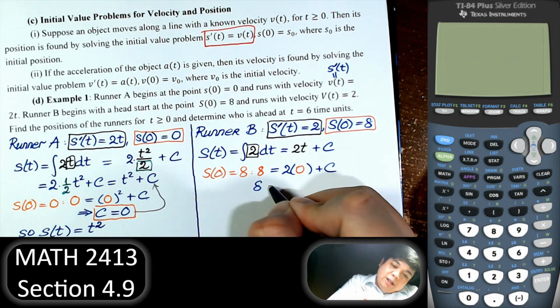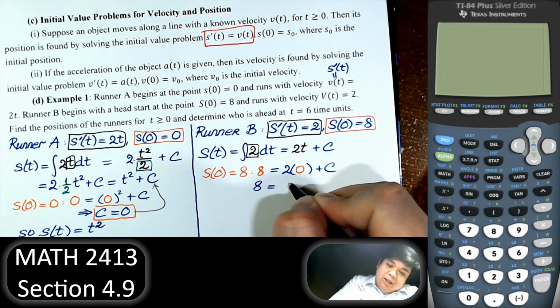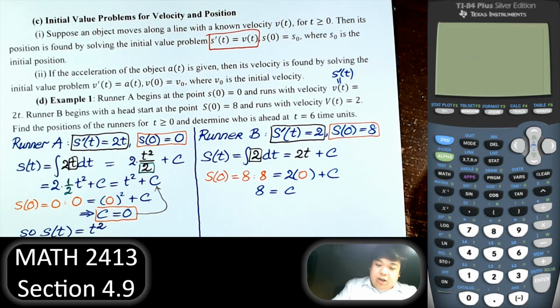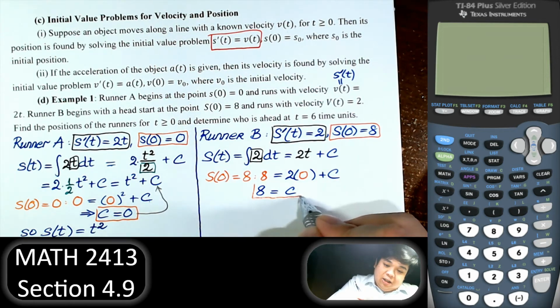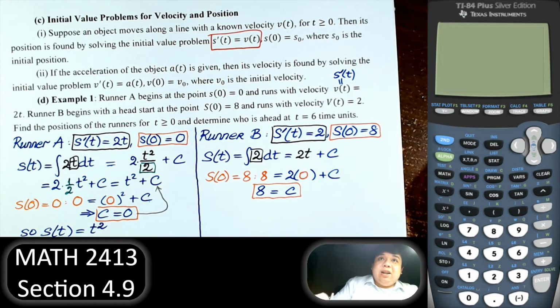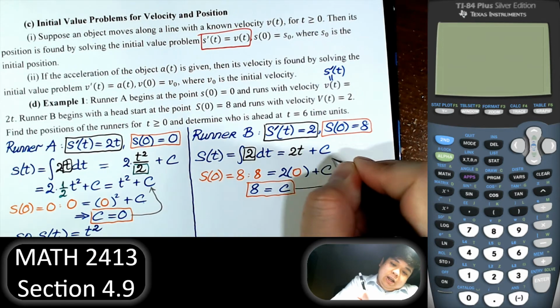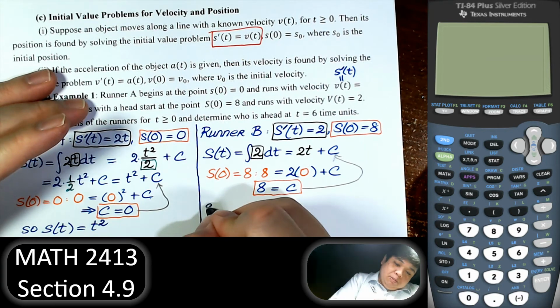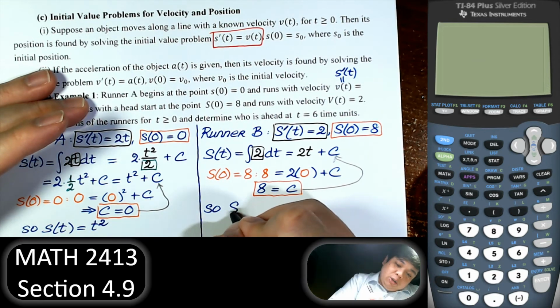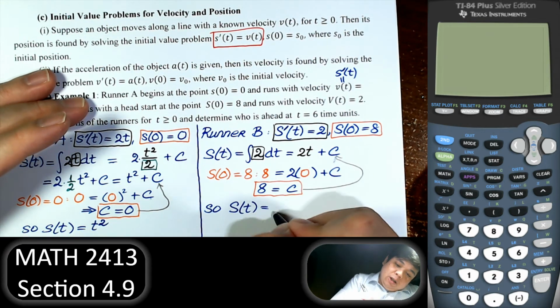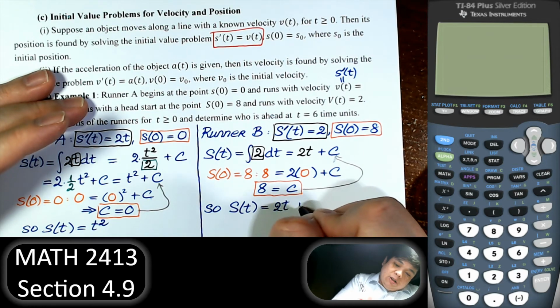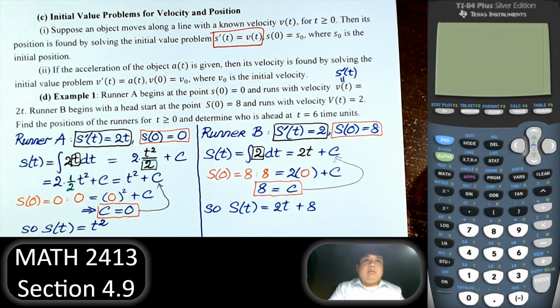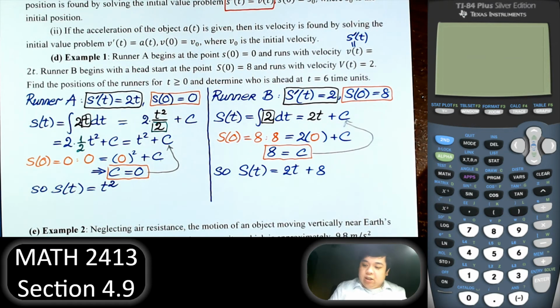So 8 is equal to c, because 2 times 0 is 0. We can substitute c in here, and we have the particular solution, 2t plus a constant, which is 8. Now, that's good and all, but the question is who is ahead after 6, with t equal to 6. So we do that.